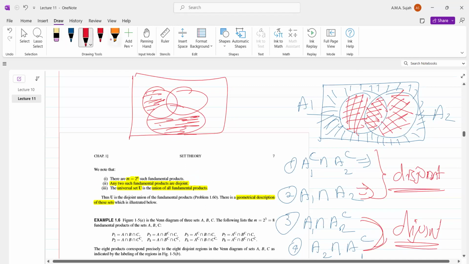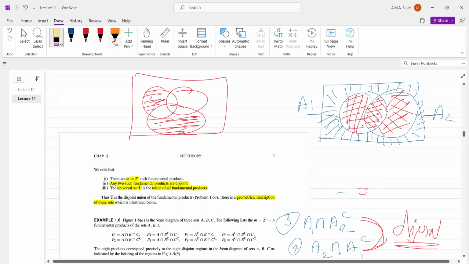Now, if you need to find the universal set of all the products of sets, it becomes U. If you write the union of all the portions, we can say that is the universal set.